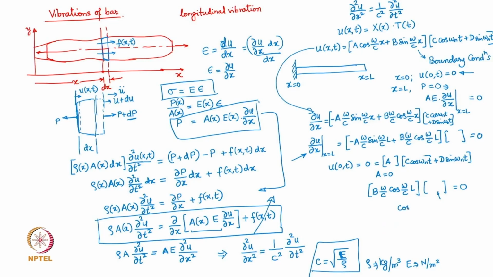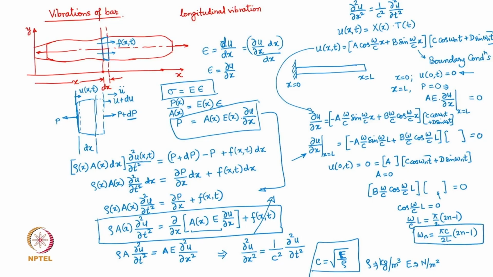So the only thing valid here is cos(omega/c L) equal to 0. That's the only equation that we have. Now what does this mean? Omega by c L will be equal to (2n minus 1) pi by 2, which means that the natural frequency omega_n for the bar is going to be pi c by 2L times (2n minus 1).